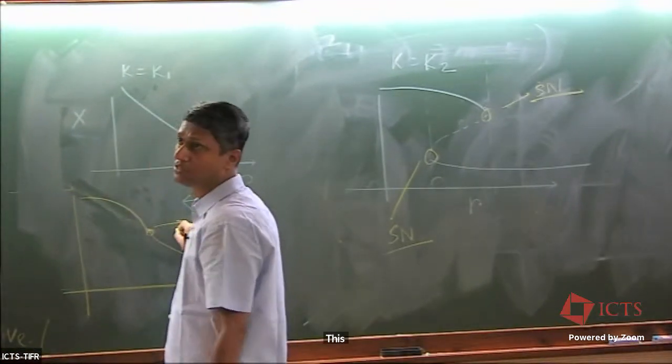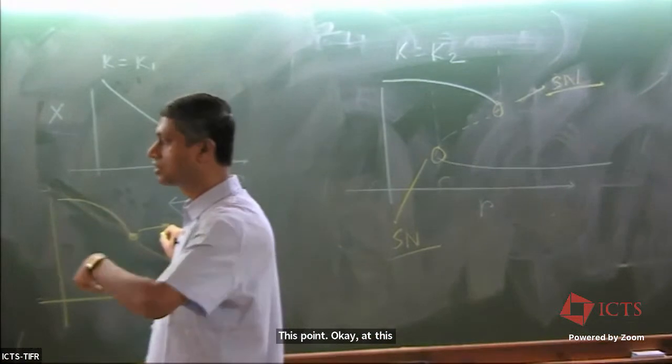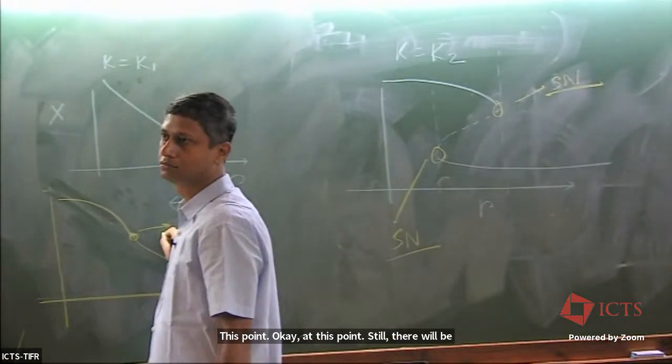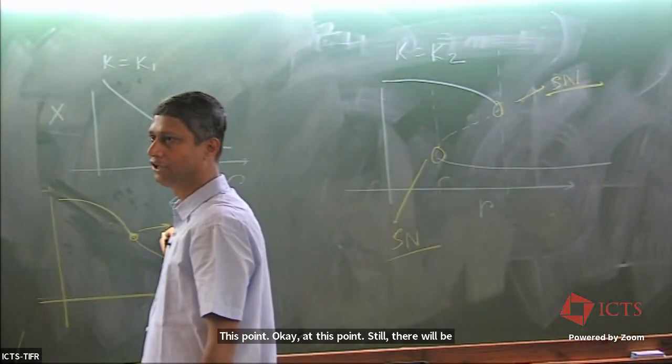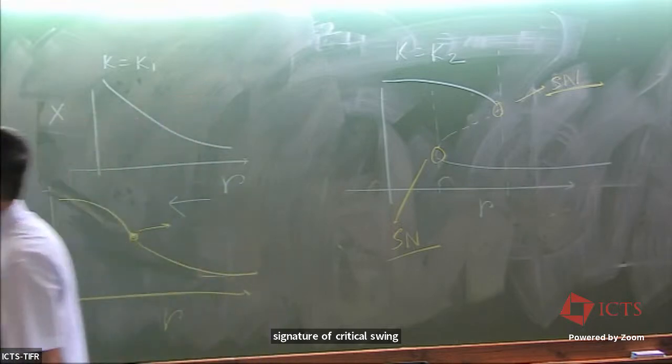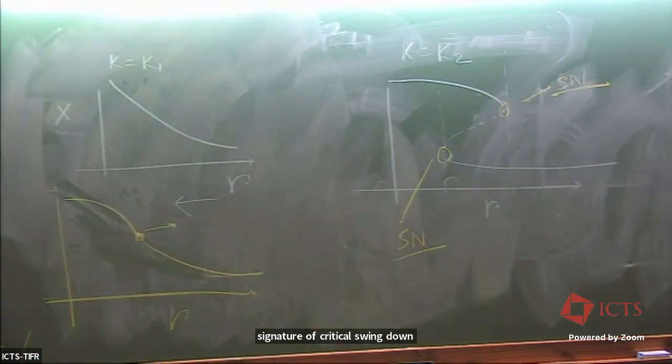At this point, there will still be a signature of critical slowing down. If I am here, I cannot see the eigenvalue touching 0. But if I am there, it will not cross.